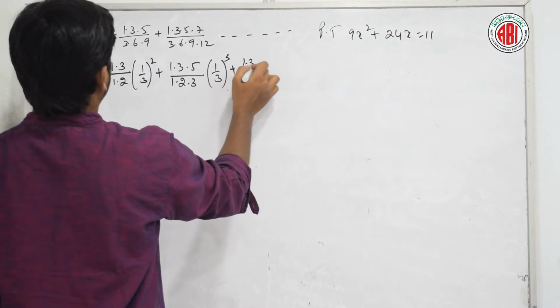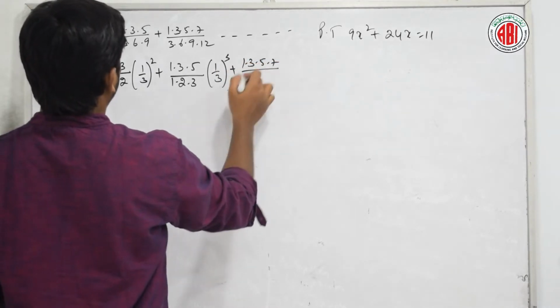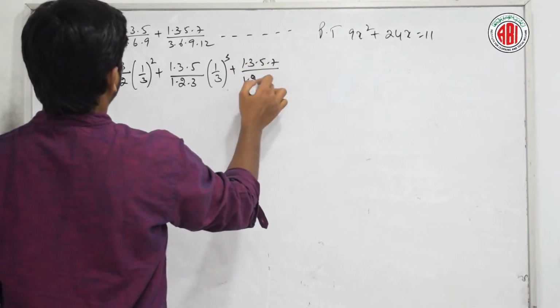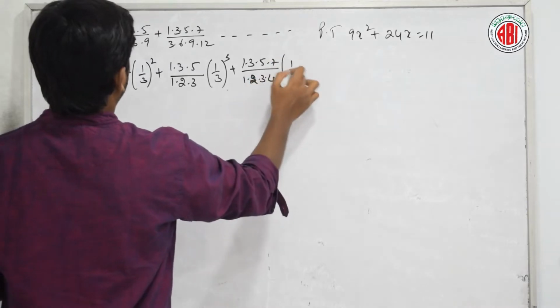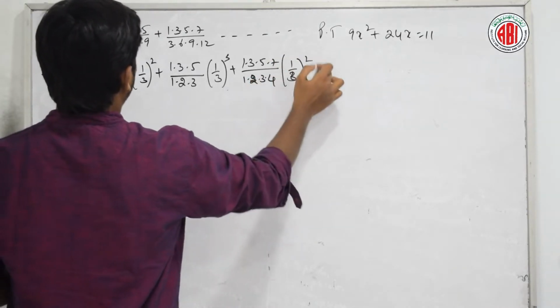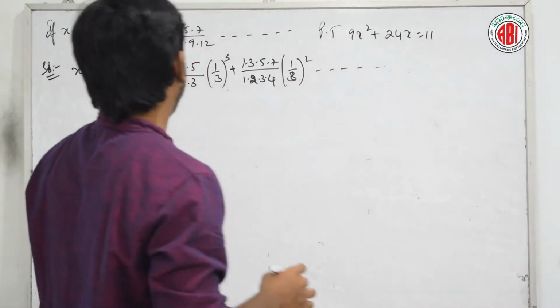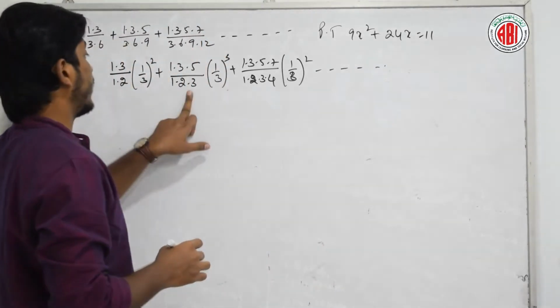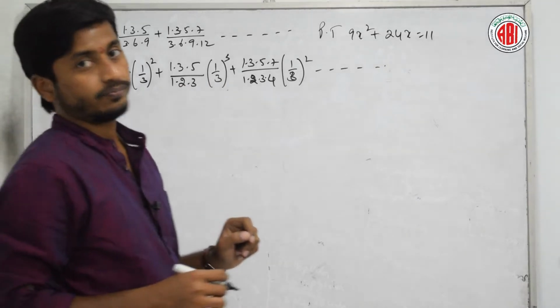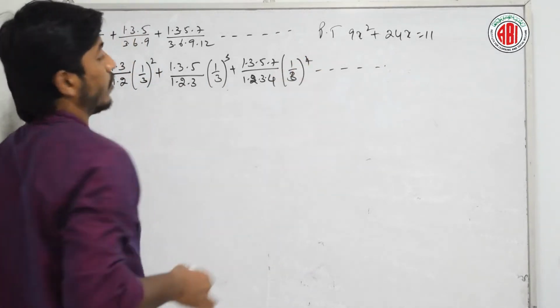Right, here 1·3·5·7 divided by 4!, into 1 by 3 to the power 4. Isn't it? So we can just imagine it as 2 factorial, 3 factorial and 4 factorial. Right? Here it is power 4.